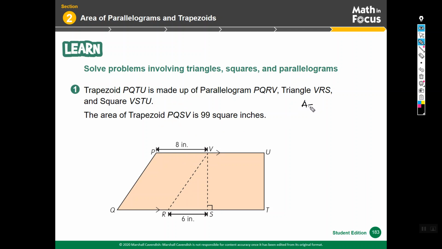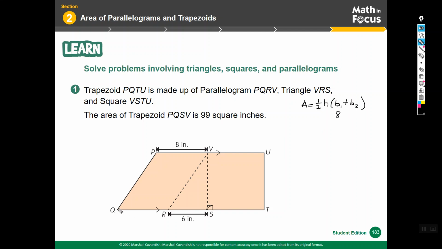The area is equal to 1/2 of the height multiplied by base sub 1 plus base sub 2. Okay, so base 1 and base 2. Well, here's our base 1, right? So let's put that in there right now. But what about our base 2?